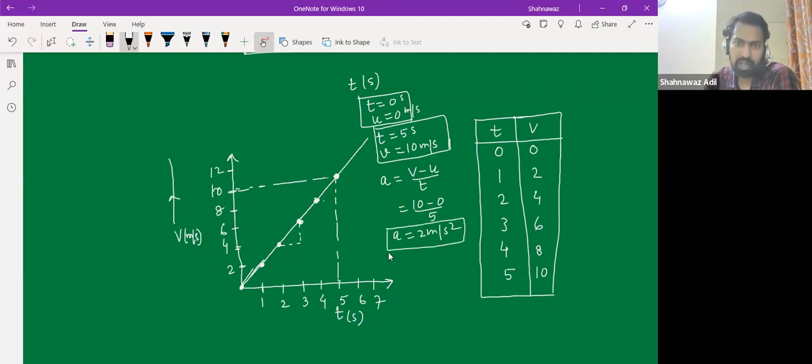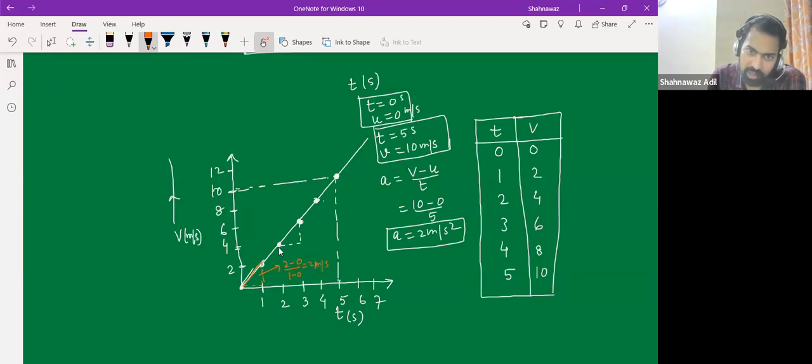Let's say that we calculate the acceleration from this point to this point. So at this point, what is the acceleration? So this is this one and this one. Slope of the graph. At this point, this would be how much? 2 minus 0 by 1 minus 0, so 2 meters per second squared.